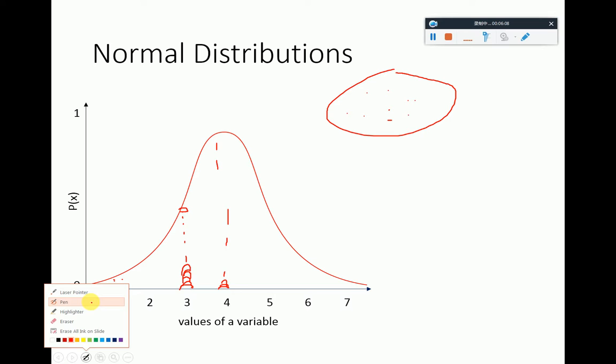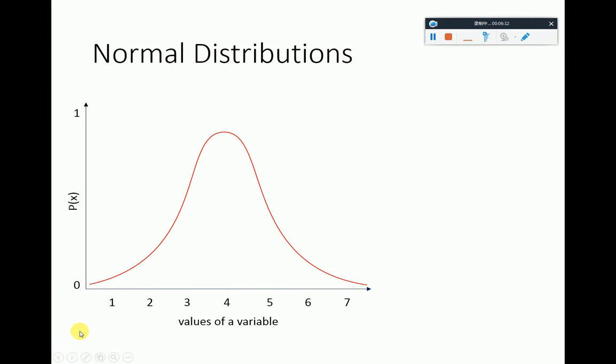Let's try to understand this process. Okay, so I believe the question that we ended the previous class with is, if we're interested in this particular value, and if we would like to know how many people, or the probability of observing a value of 4, provided that these values of this variable are normally distributed, how can we do that?